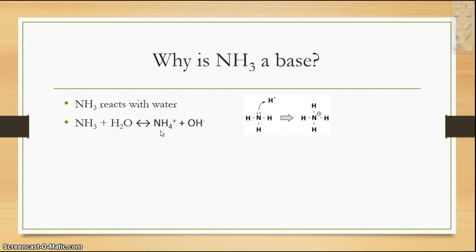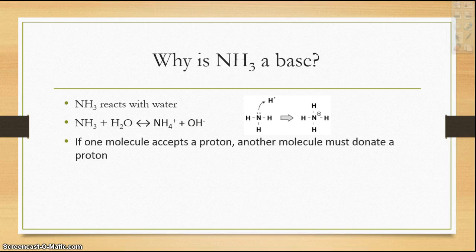And what does it leave behind? It leaves behind the hydroxide ion. So now you can see with ammonia reacting with water, we also get the hydroxide ion, and that's why it's a base.